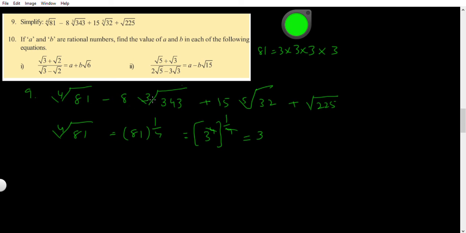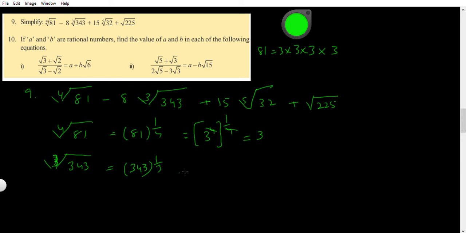Now coming to the cube root of 343. This is my radical form, keep in mind. The cube root of 343 equals 343 to the power of 1 by 3.